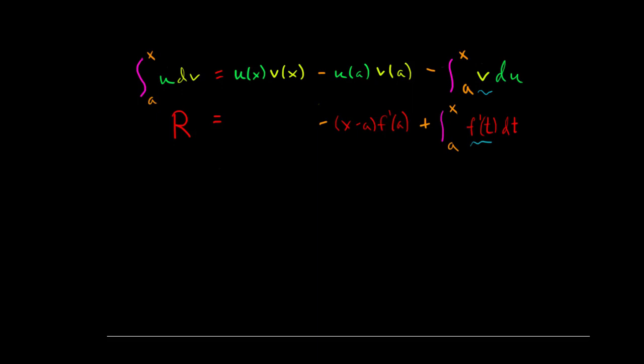The first thing we'll match up is f prime of t with v. Now this is a provisional guess, but we'll see if it makes sense. If we let v equal f prime of t, then when we differentiate, dv dt equals f double prime of t. And that would suggest that dv would have to equal f double prime of t dt.